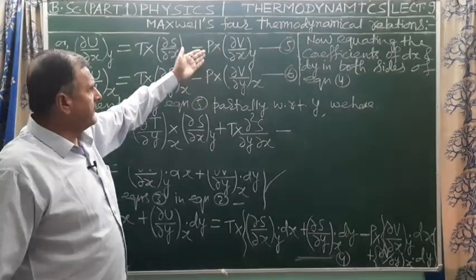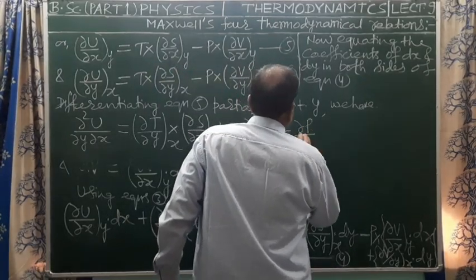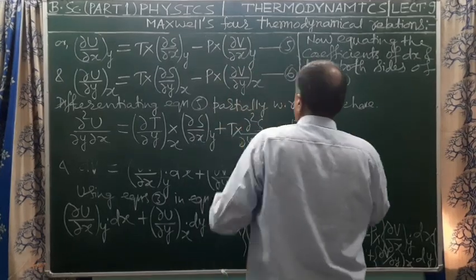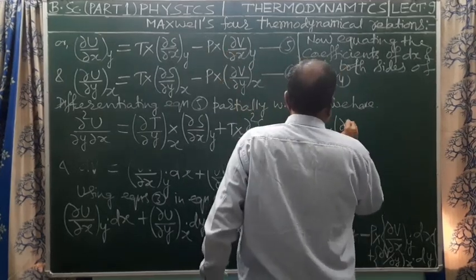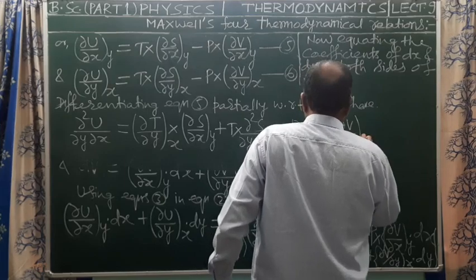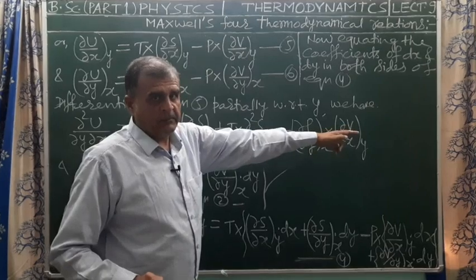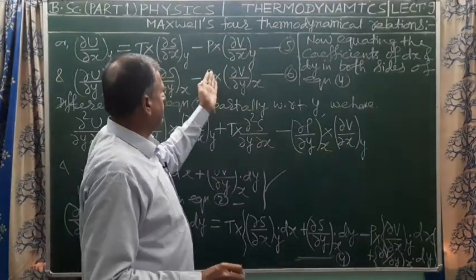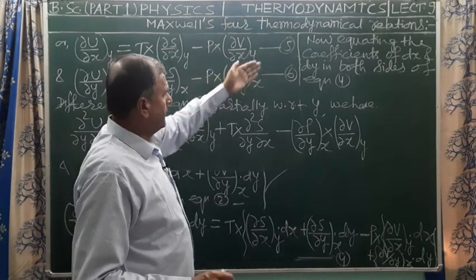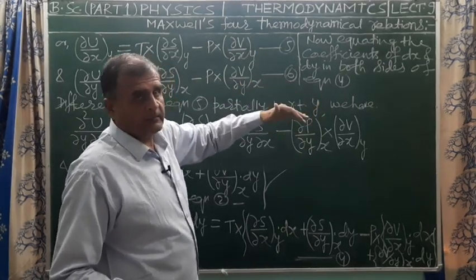So first of all, differentiating P with respect to y, we have del P upon del y at constant x multiplied by the second term, which will be constant, del V upon del x at constant y, plus. Now the second term is plus, but minus is before the second term of 5, so plus minus will be minus.